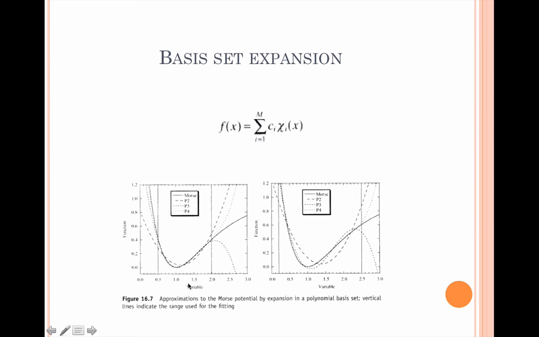On the other hand, in the basis set approximation, what we do here is that we obtain an approximating function which resembles the original function in a range of x values in the best possible way.